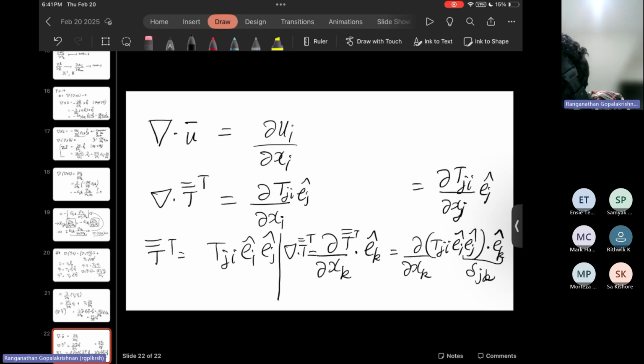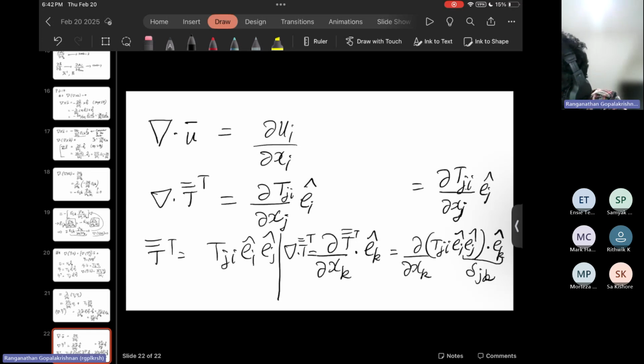I guess I wrote this wrong here. Obviously, that makes sense because j is repeating, whereas i is not repeating. So this is still a vector whose components are the partial derivative of T_ji with respect to x_j.